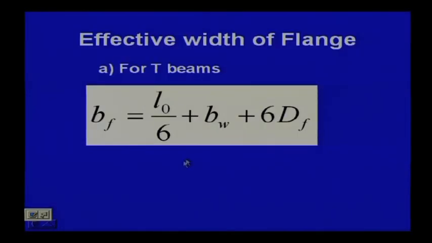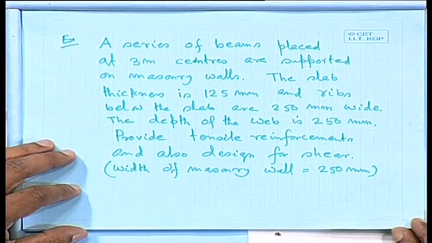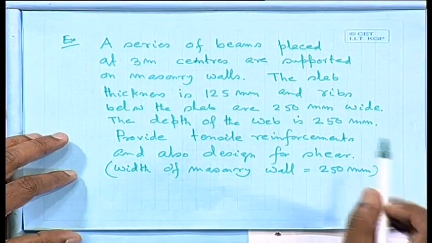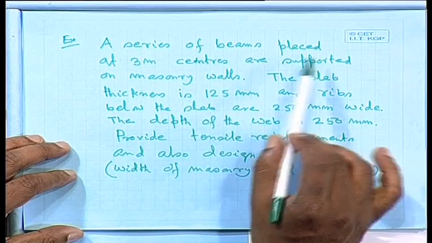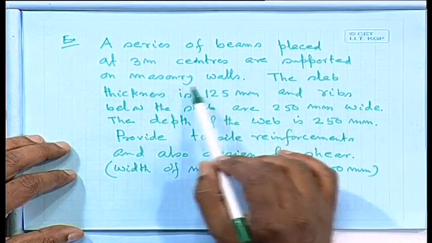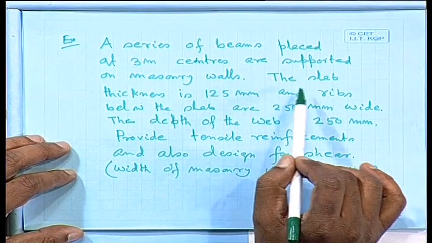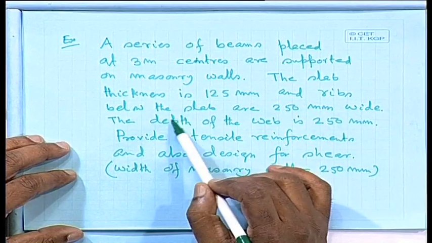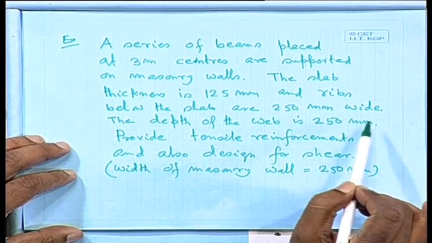Before we come to that, let us see a few things we have done. Already you have in your notebook, but anyway I think it is worth mentioning. A series of beams placed at 3 meter centers are supported on masonry walls, which we have already shown. The slab thickness is 125 millimeter and ribs below the slab are 250 millimeter wide.